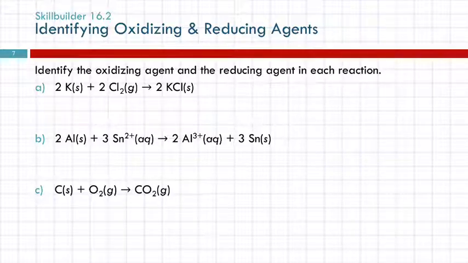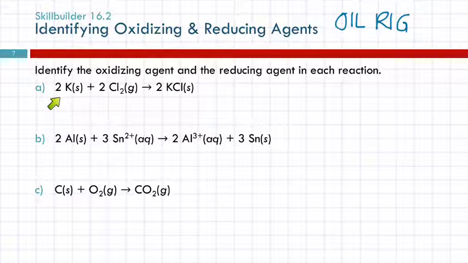I think the best way to approach this is to do what we just did, identify what's being oxidized, what's being reduced. And these are the same problems, so we're kind of just going over the same thing again.